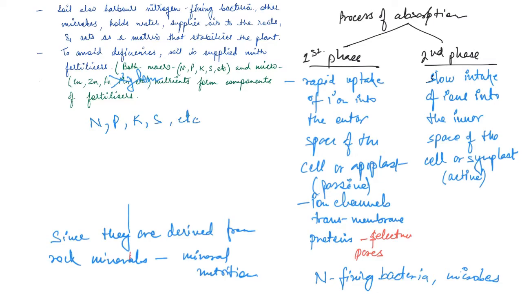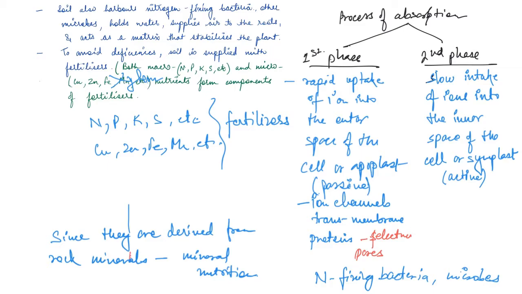And then we have micronutrients like copper, zinc, iron, manganese, right? So all of these macronutrients as well as micronutrients form the component of fertilizers, right? And they are applied as and when needed for the plants.